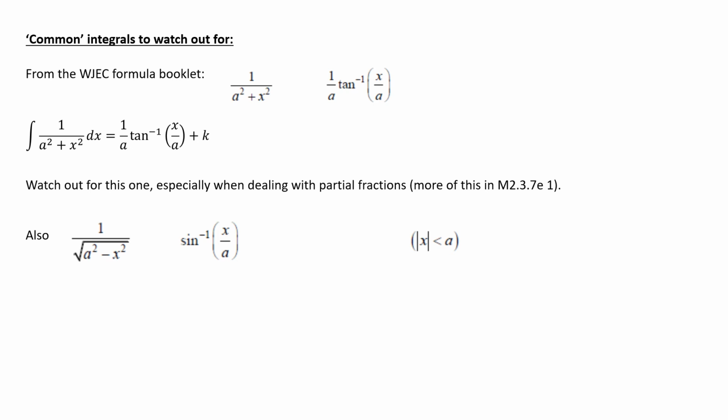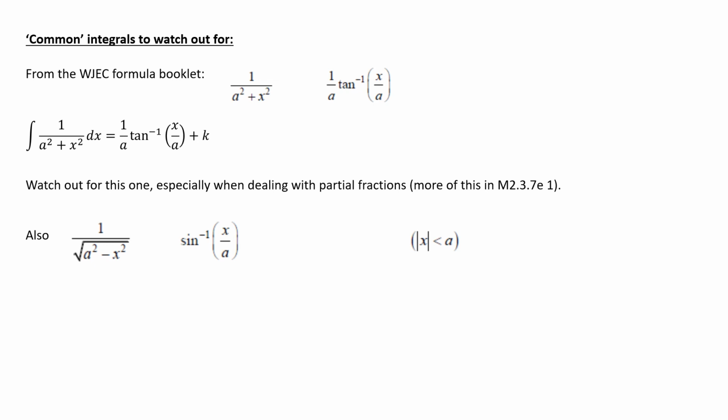The other one to look out for is this one, the integral of 1 over root a squared minus x squared is arc sine, which, remember, doesn't mean the reciprocal of sine, because that's something different. Arc sine means the angle whose sine is x over a, and the restriction on that is that the mod of x must be less than a.